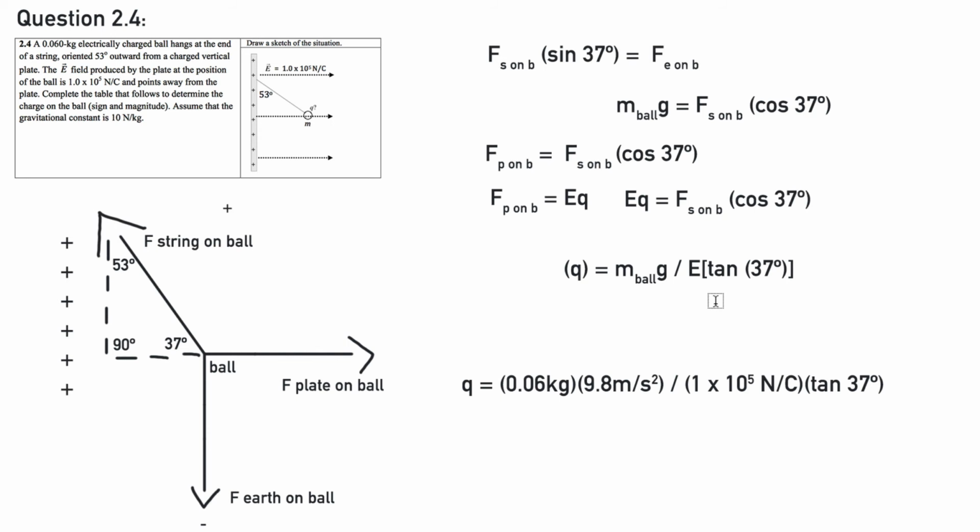If you plug it in your calculator and round it, it should come to approximately a positive 7.8 times 10 to the negative 6 coulombs, or 7.8 microcoulombs. That is the answer to question 2.4. I hope that cleared up some misunderstandings, and I hope it's clear now.